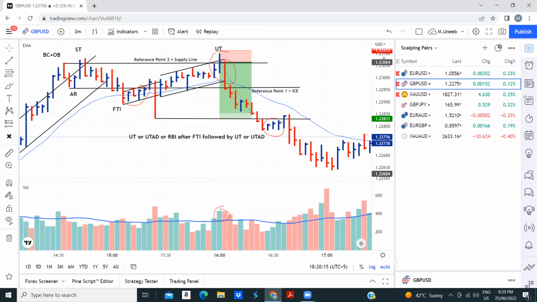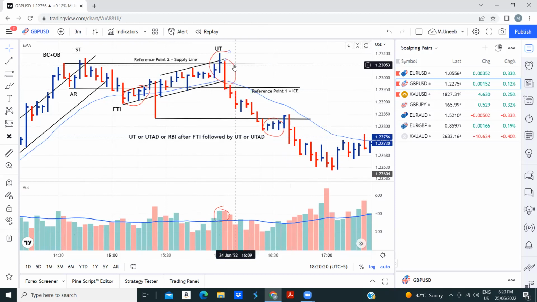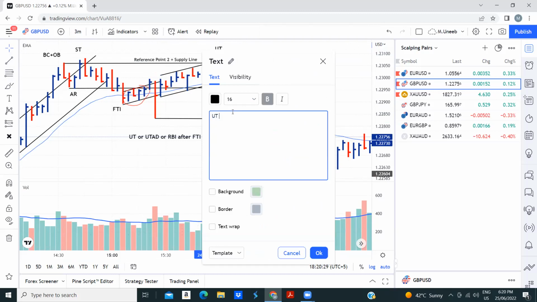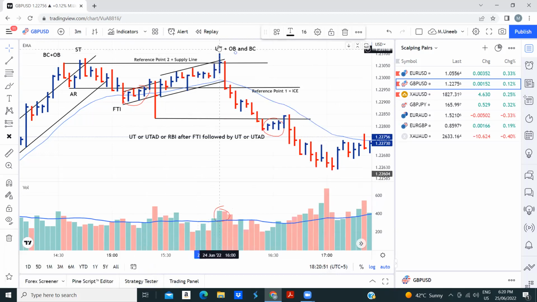So if we have this kind of situation where we have two kinds of conditions matching together, like we have a UT from this distribution and we have this overbought, and a buying climax, right? Got it? Three characteristics. Because we have a UT from this structure, we have overbought from this structure. Am I right?